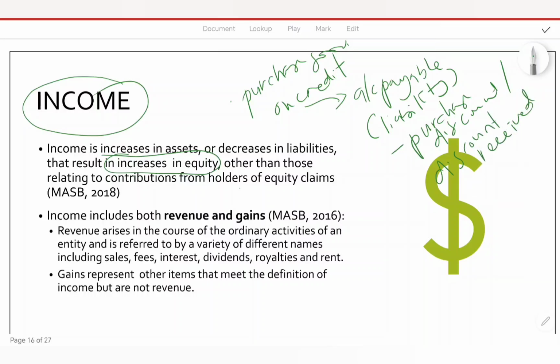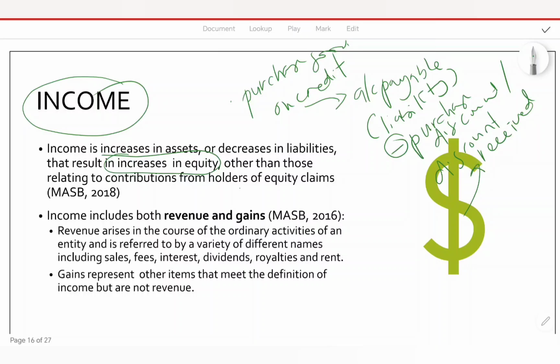This will decrease the amount of your liability. So the purchase discount that you receive decreases the amount of the liability, and hence increases the equity. So this is considered as income.